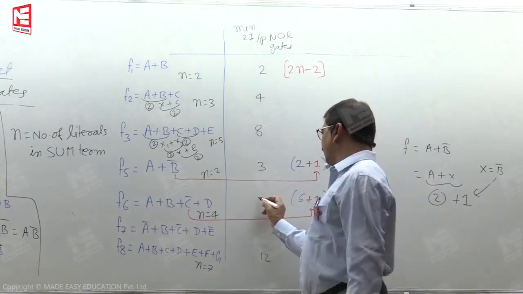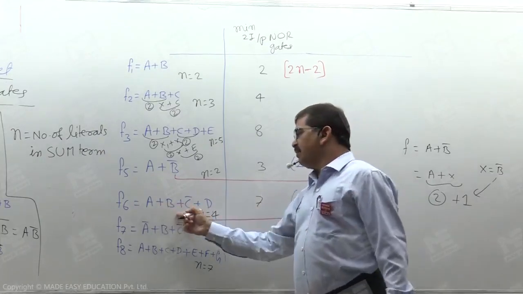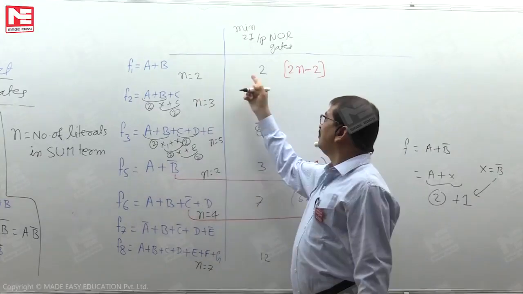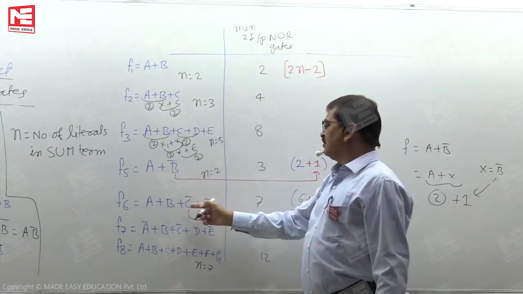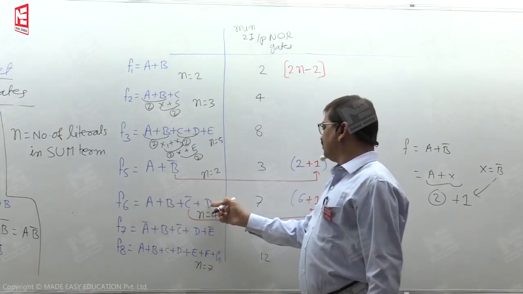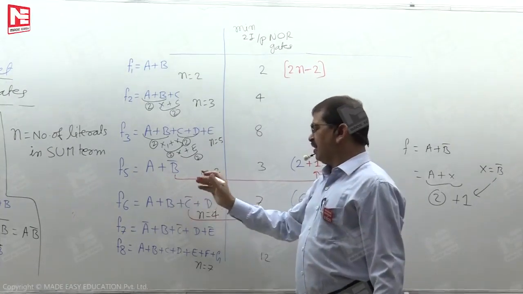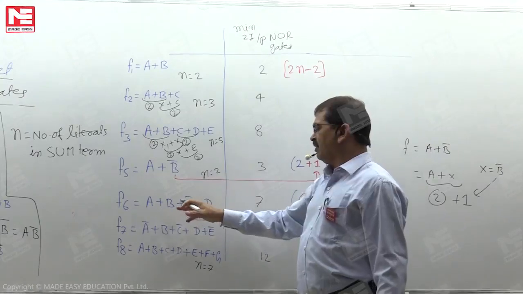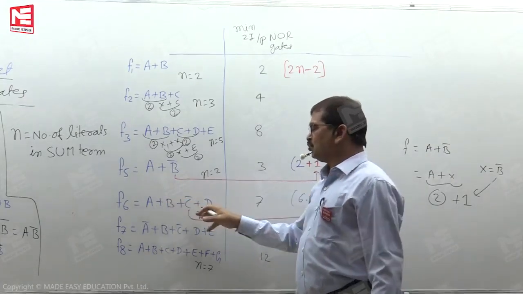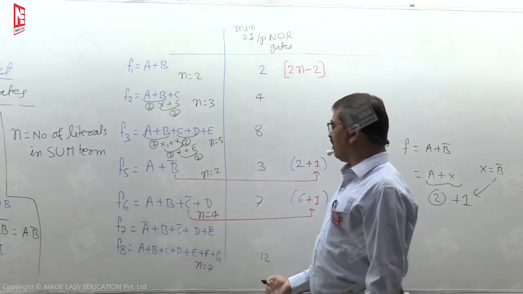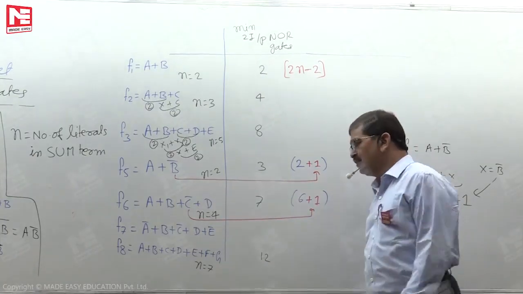As I said, you can think of the answer in multiple ways. A or B needs 2. C bar or D needs 2. C bar I will take as complement later. Later, among these two sum terms, the OR operation needs 2. So 6, and because of this complement 1, that's 7. In total we need 7.